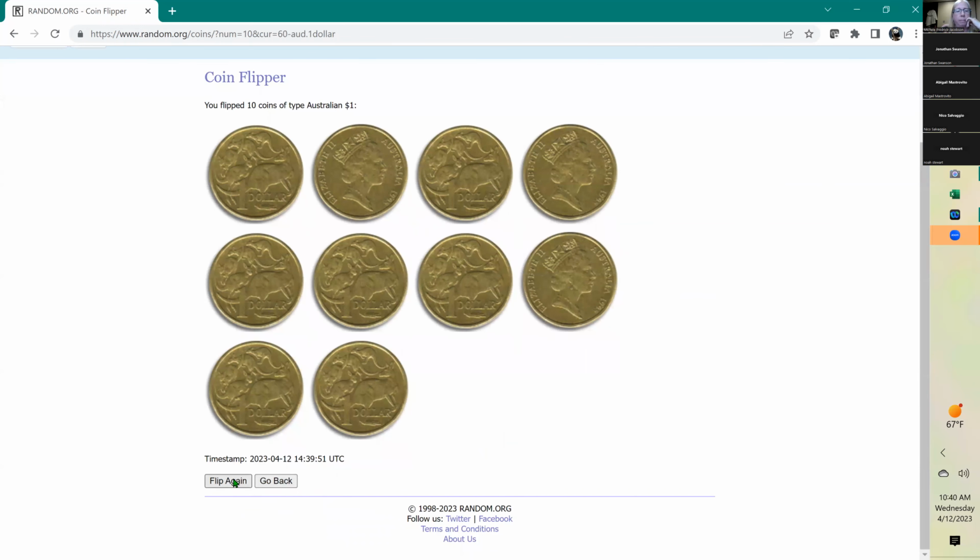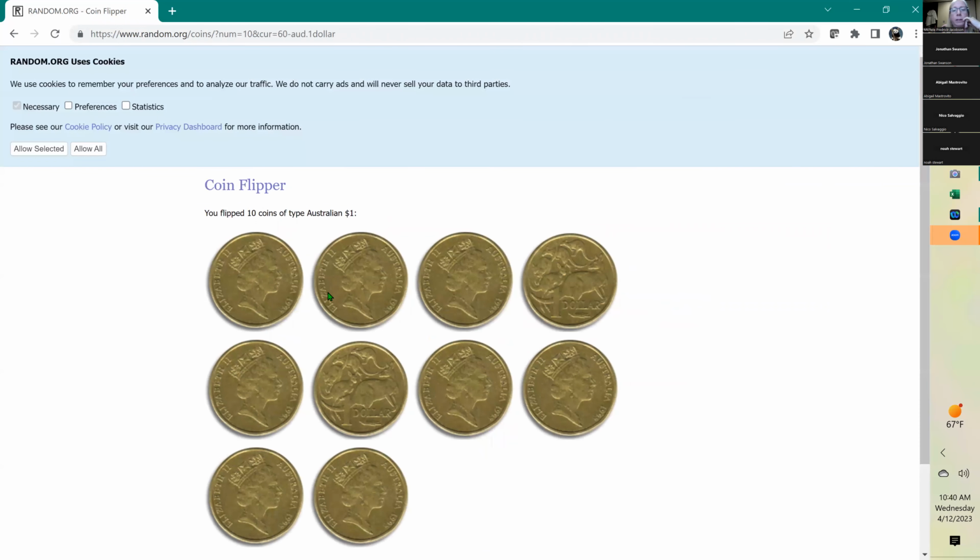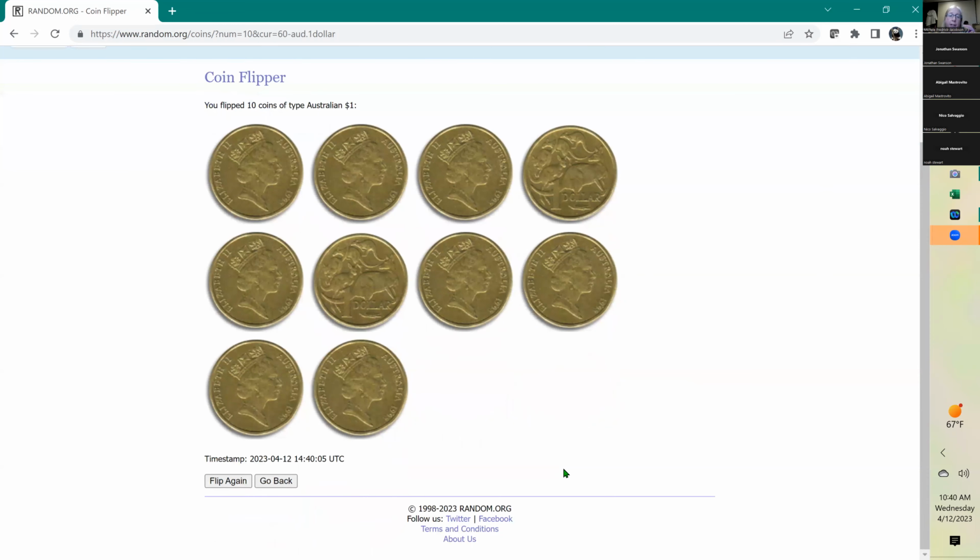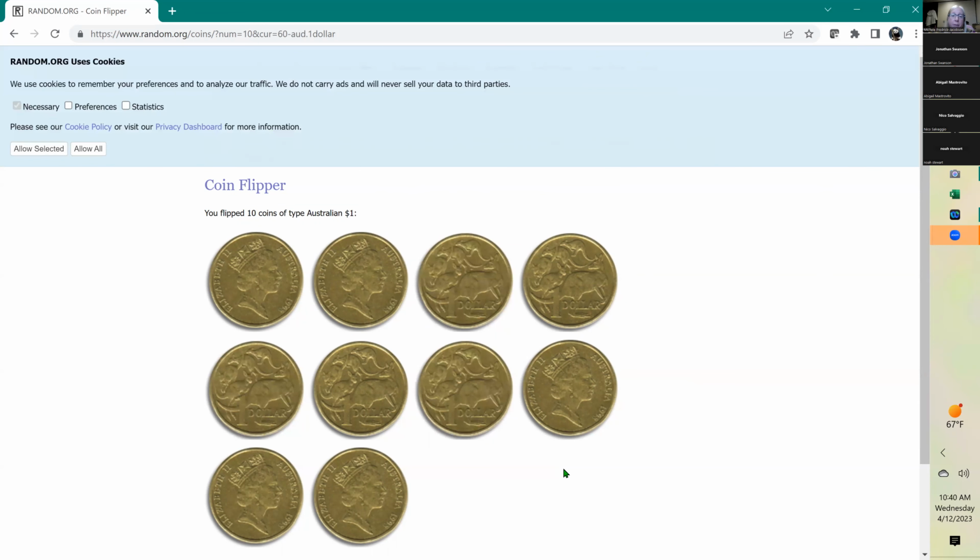So if we flipped again, 1, 2, 3, 4, 5, 6, 7, 8 heads. So each time you do it, it's not necessarily gonna be 50% or half of them. But in the long run, it would be. So if we do this 100 times and find the average, eventually it should. Notice this one is 1, 2, 3, 4, 5 heads.